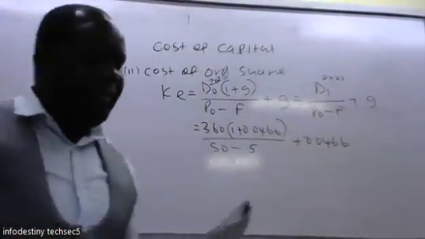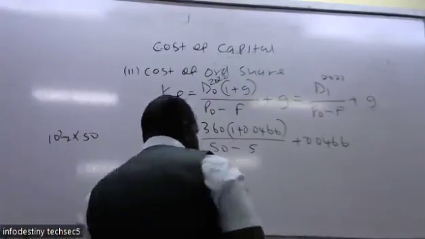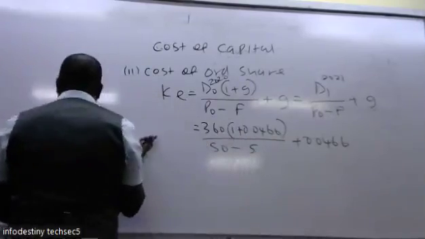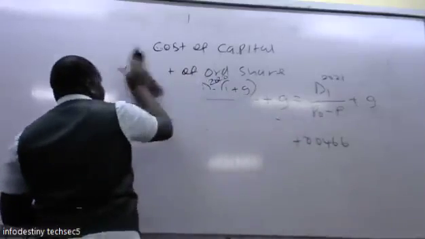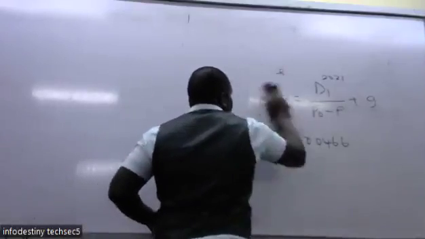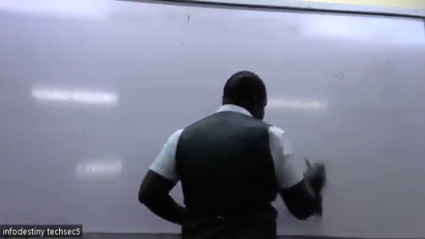The next one should be the cost of the preference share. Number 3 will now be the cost of the preference share.